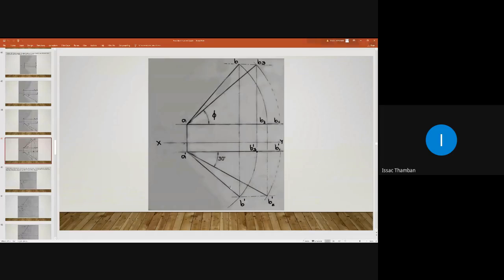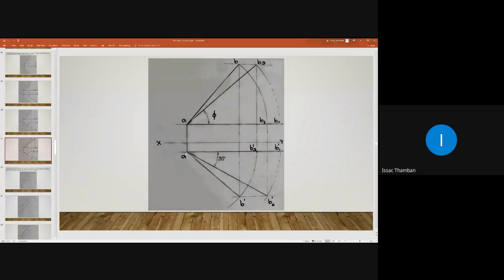If the line is parallel to HP, then in the plan it should reveal its true length and true inclination. So we are making line AB parallel to HP. Take this radius, draw an arc and intersect this horizontal line so that you will get B3 dash.